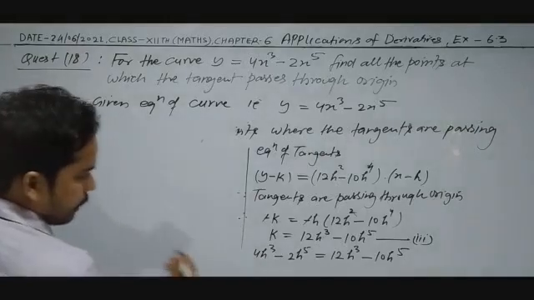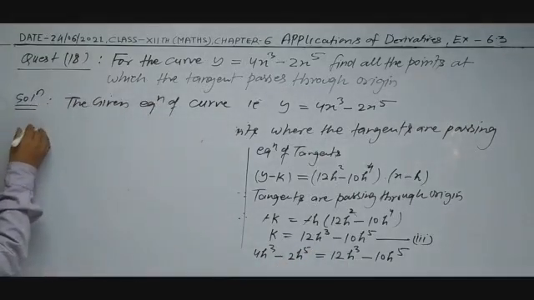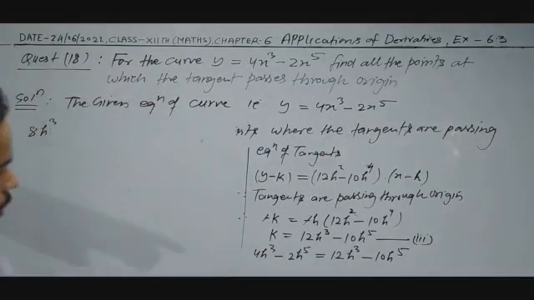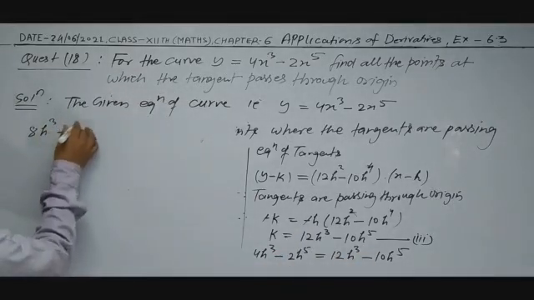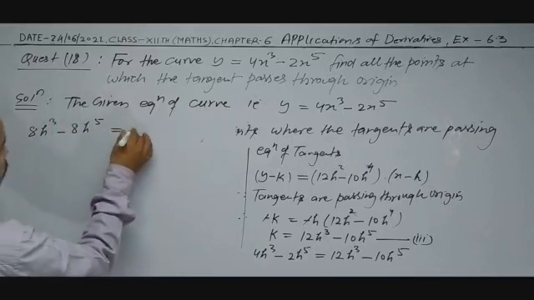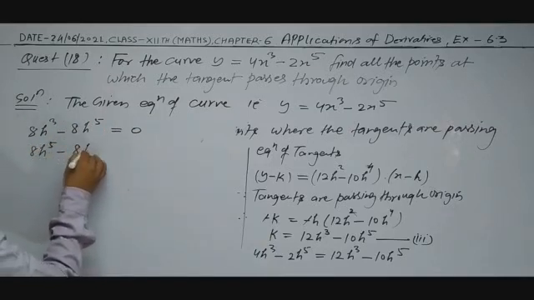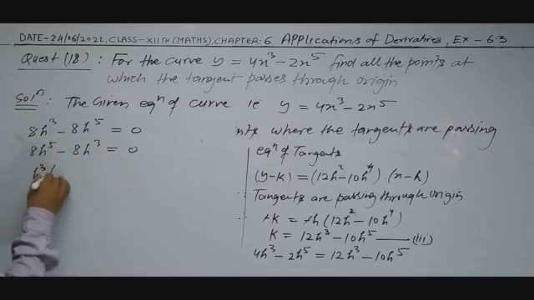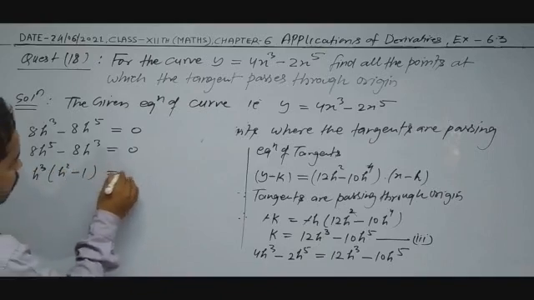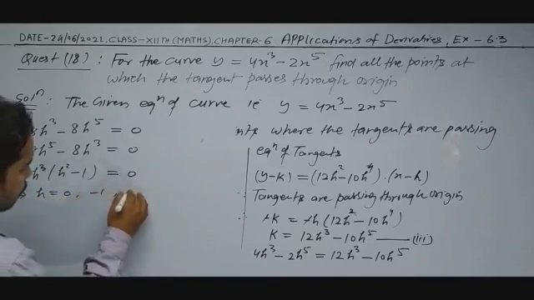This calculation will be: 4h cube on the right hand side becomes 8h cube, and minus 2h to the power 5 on the right hand side becomes minus 8h to the power 5, equal to 0. This can be written as 8h to the power 5 minus 8h cube is equal to 0. This implies h cube into h square minus 1 is equal to 0. This implies h is equal to 0, minus 1 and plus 1.